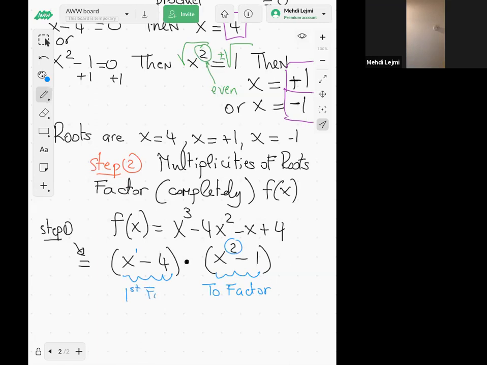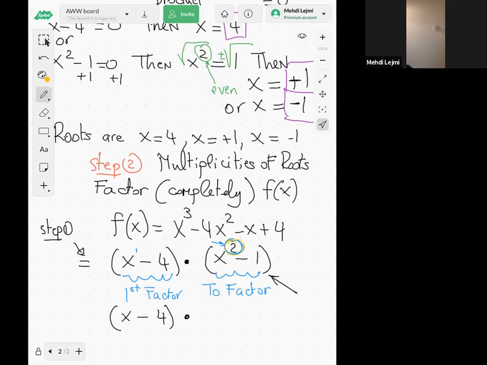But for x squared minus 1, because you have the square, then you can try to factor it. Now, I got my x minus 4. What would be the factorization of this x squared minus 1? So remember, guys, we said it's a square, right? So we expect to have 2 solutions.